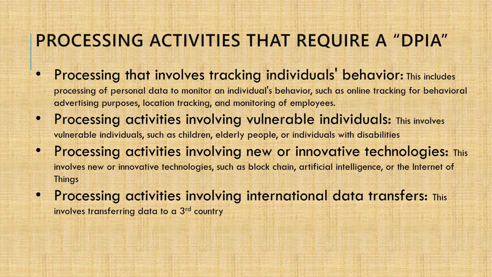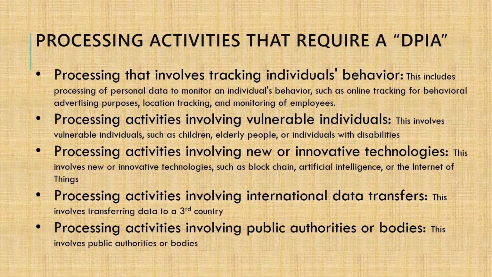All right. What is next in the list? Processing activities involving public authorities or bodies. If the processing activities involve public authorities or bodies, it may pose a high risk to the rights and freedom of individuals due to the potential for abuse of power or infringement of individual rights.